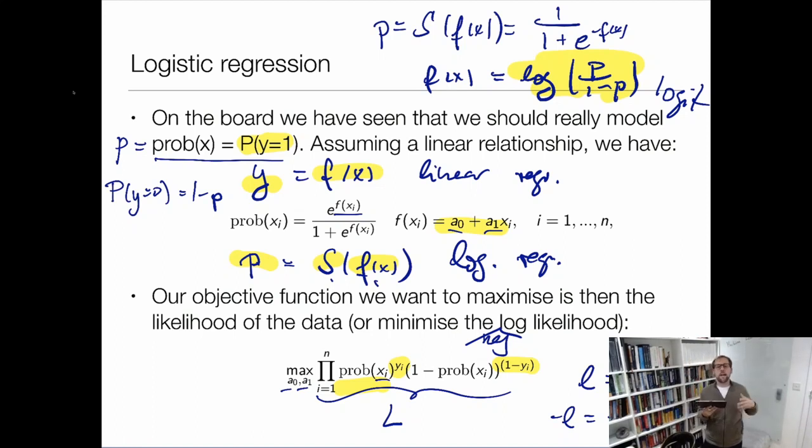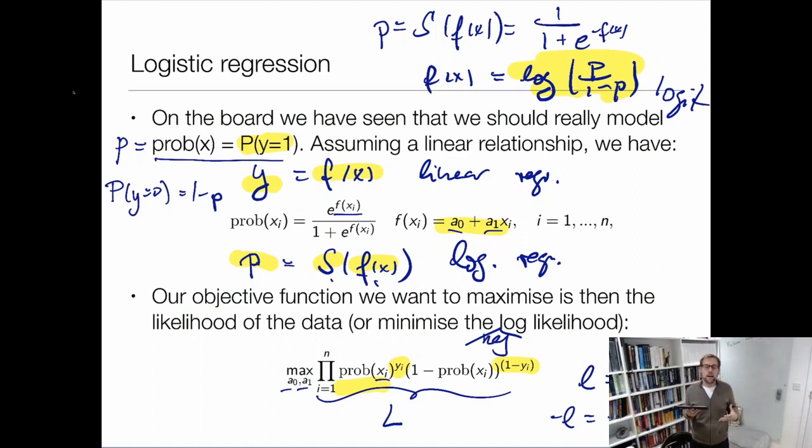So similarly as we had a loss function for linear regression, we now have a loss function for logistic regression, which is just the negative logarithm of this expression here in the brackets. If you want to do a little exercise, you can write it out yourself by taking the logarithm, then throwing the product inside of the exponential and writing it as a sum.